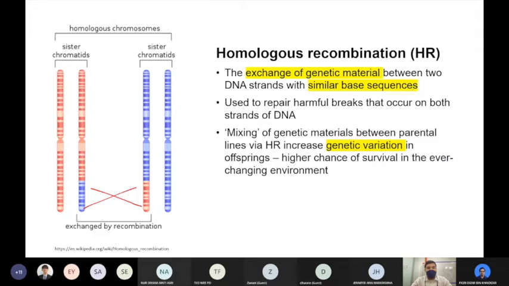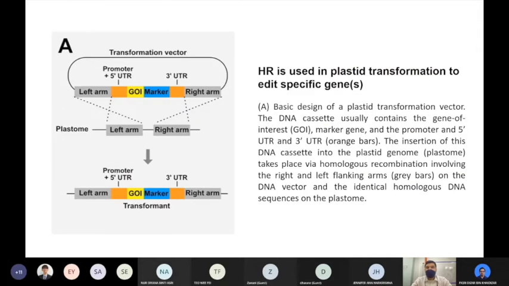I have a reason why I show this, because this technique has been used in plastid or chloroplast transformation to edit specific genes. The basic design is that we have a DNA vector containing the gene of interest, usually fused with the marker gene. Then we have a left arm and right arm flanking this DNA cassette.